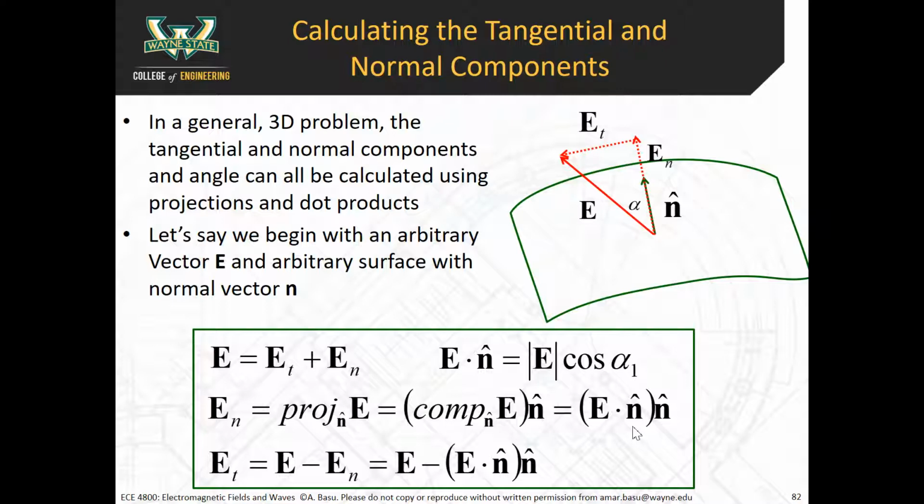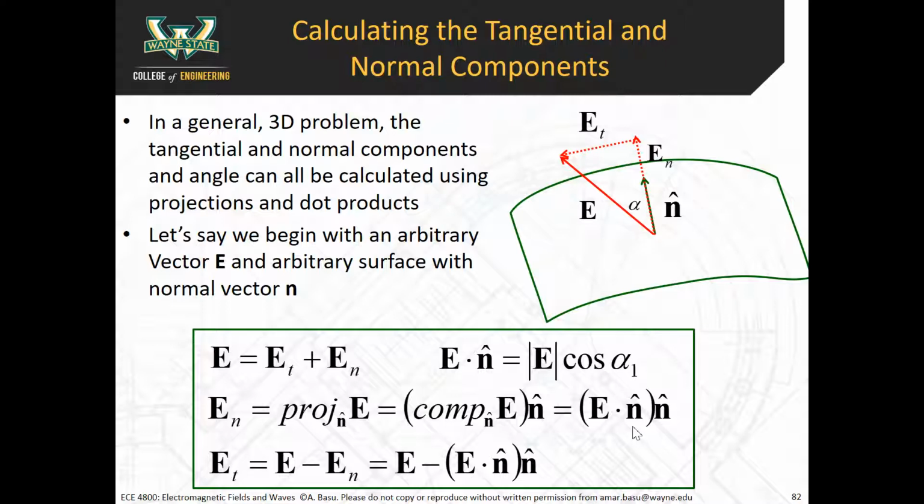All right, so what we found here: if this is E1 and this is the interface, E1 can be broken up into two components. We draw a right triangle here like this. This is E1n, the normal component. So that vector looks like this. This is E1, and then the tangential component is the other part.